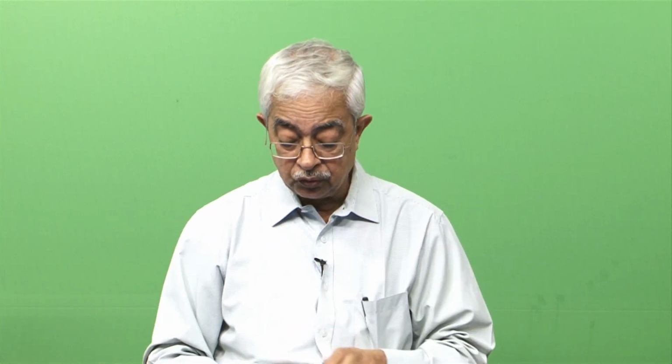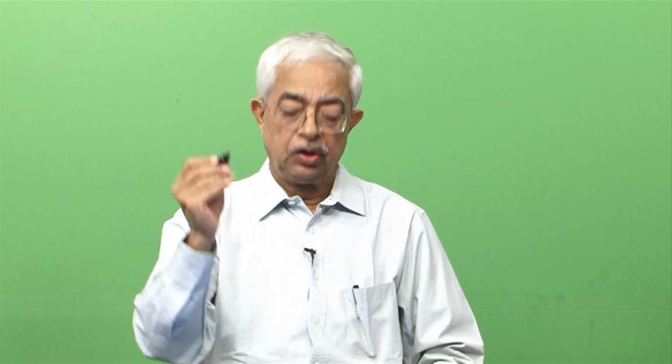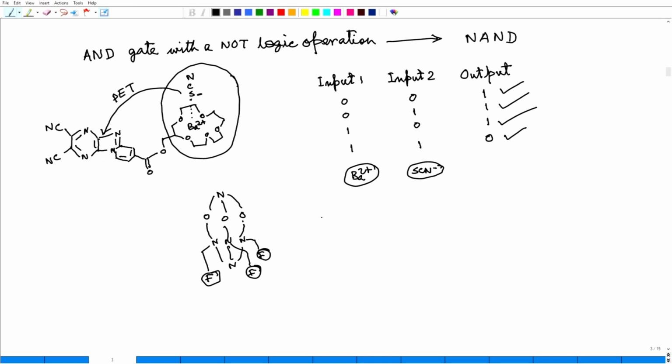So, any of them as input can give strong fluorescence. So, this is an example of an OR logic. That means different types of logic gates have been realized.